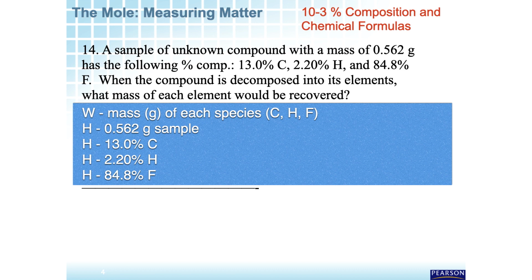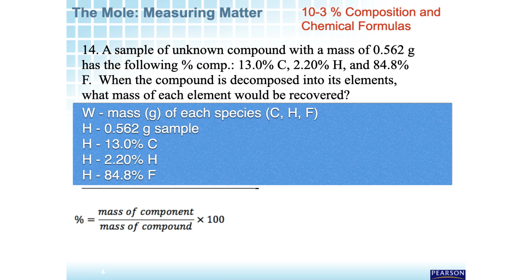Now here's a little different problem. This time we're given the percent composition and the mass of the sample, and we want to figure out how much each of the species, the carbon, the hydrogen, fluorine in this problem, make up of that 0.562 grams. So this is going to be basically just using a little algebra to rearrange the formula.